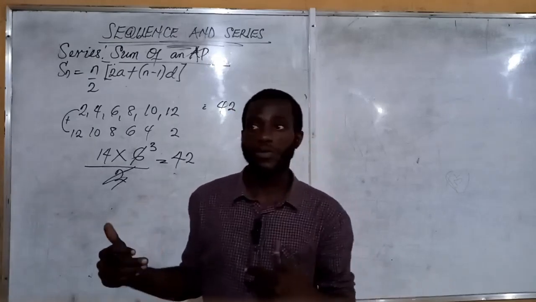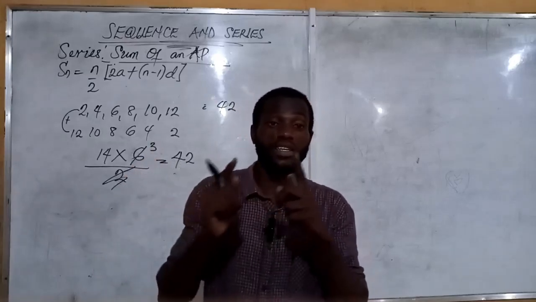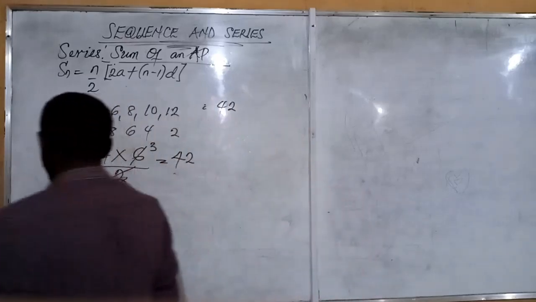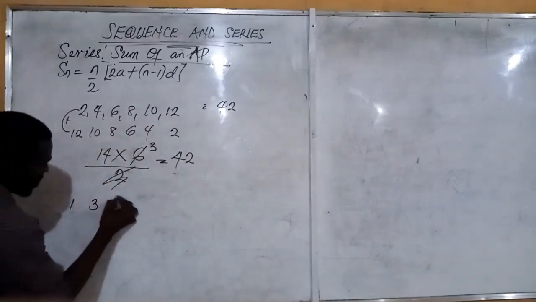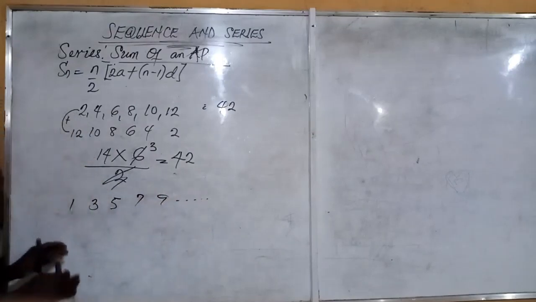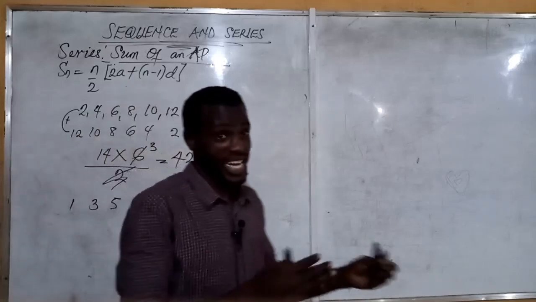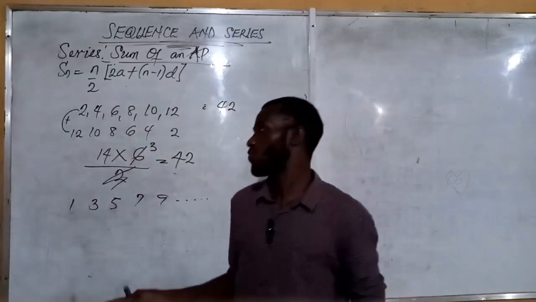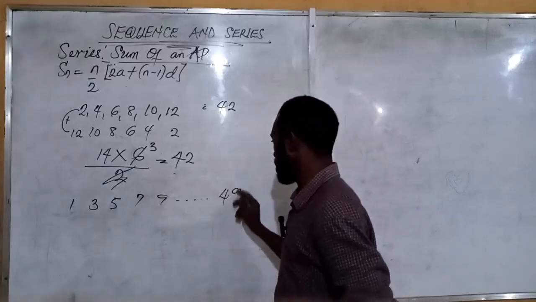Odd numbers are 1, 3, 5, 7, 9, and so on. If we are taking it between 1 and 50, the last one is going to be 49, right?